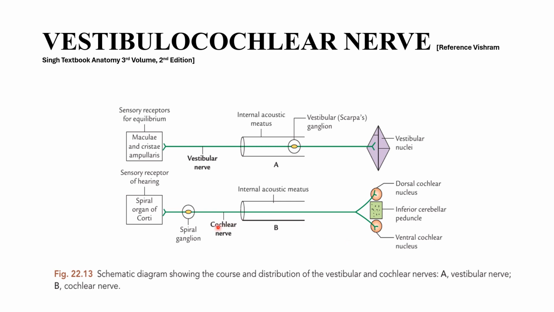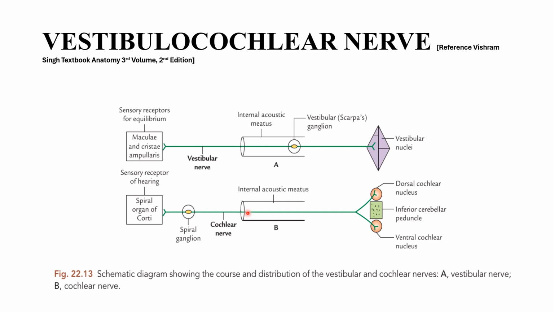Here, towards its medial end, they will enter a special foramen called the foramen for tractus spiralis.